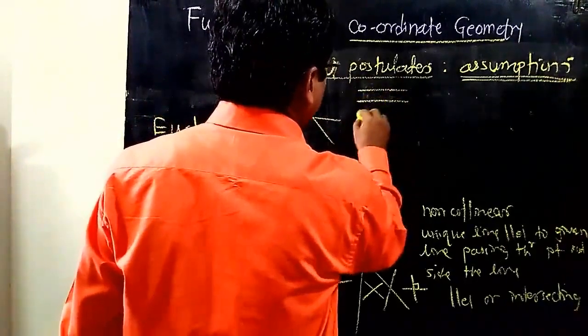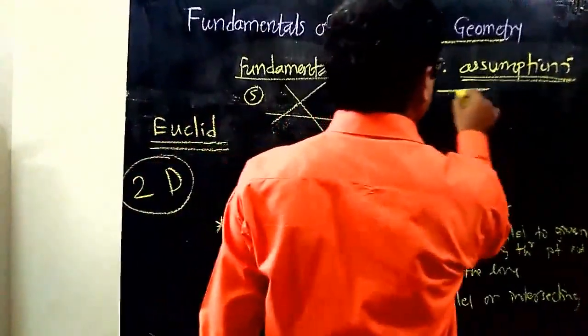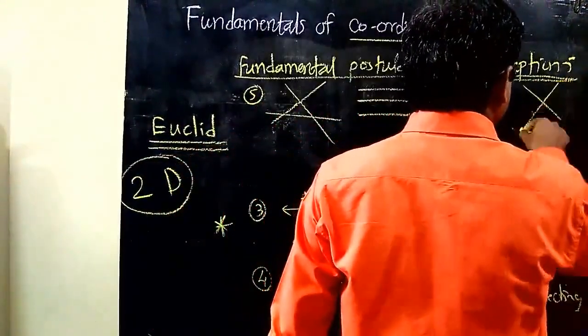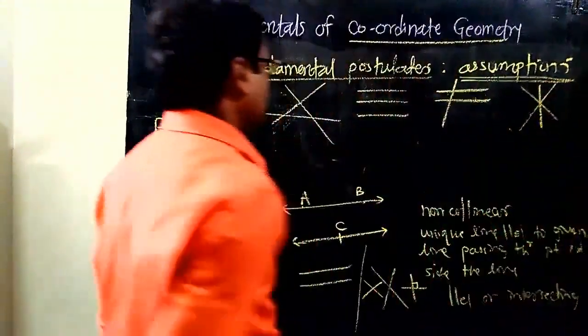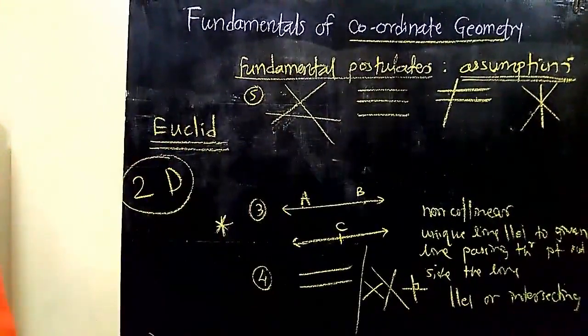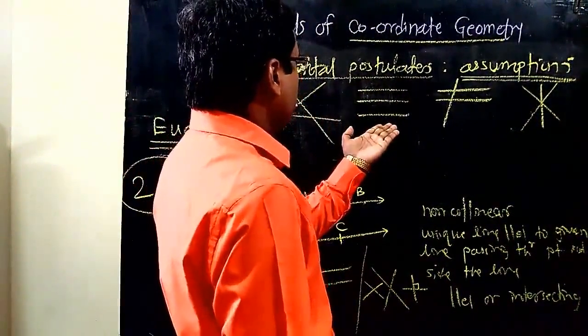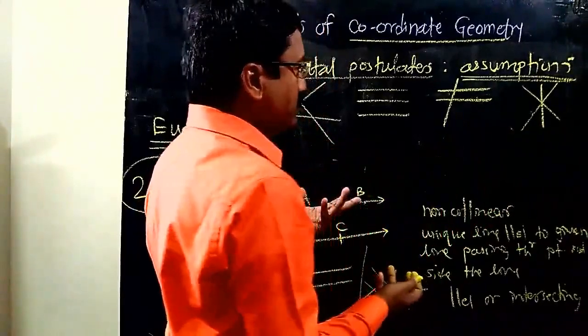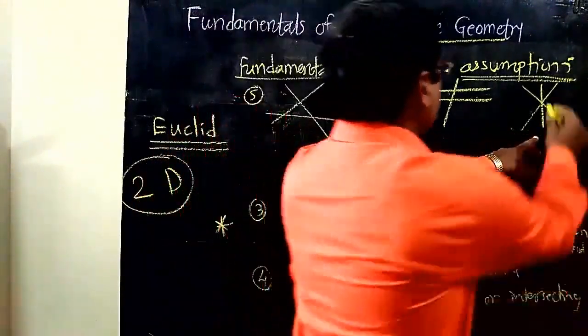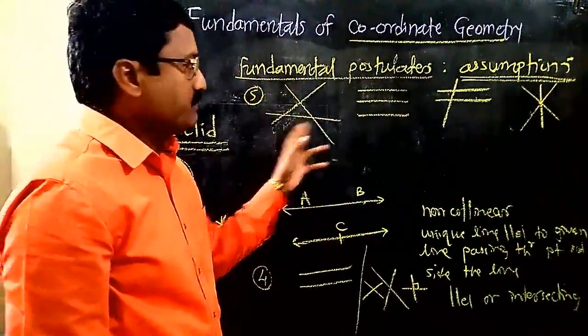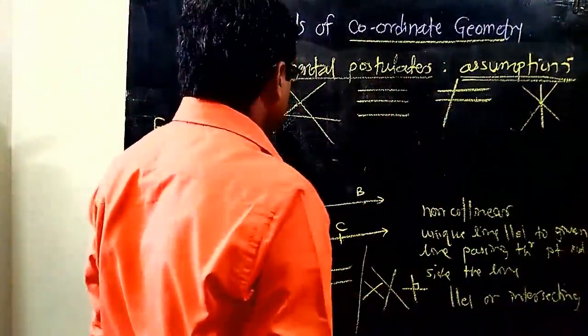Or 3 lines may be parallel, or 2 may be parallel and 1 may intersect them, or 3 lines may pass through a single point. So these are the different situations of 3 lines. 3 lines may be parallel, or non-parallel, or may pass through a single point, or may not pass through a single point.